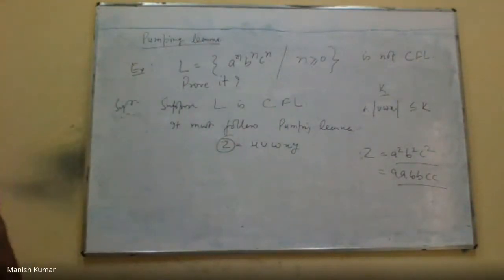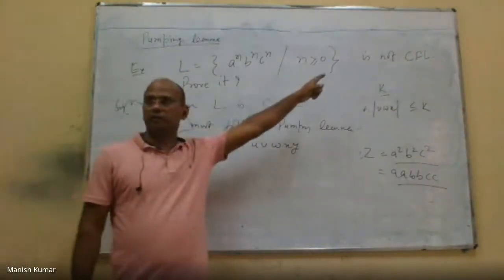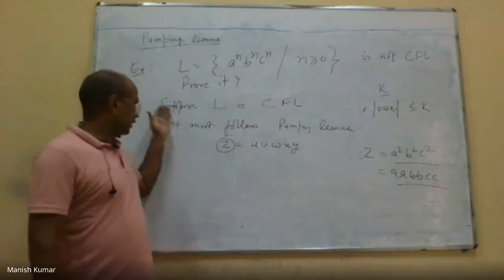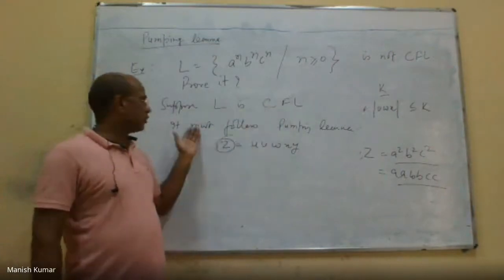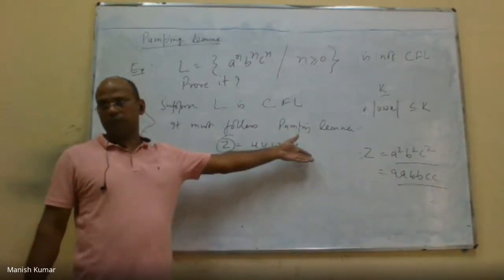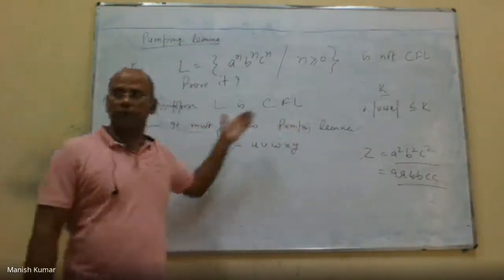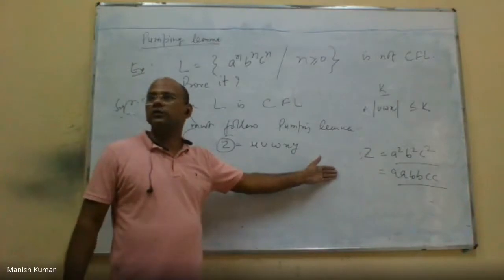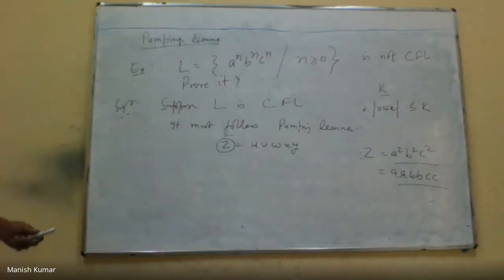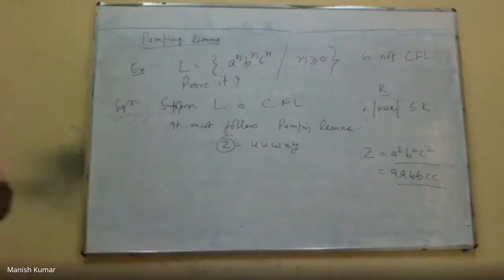Since you have to prove this is not CFL, I have assumed that L is CFL, so it follows the pumping lemma, because if a language is context free, then according to the pumping lemma you can pump a substring. So in this case, I can have multiple cases. Why?